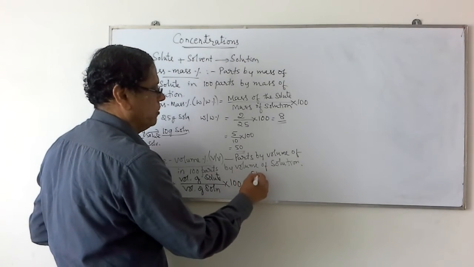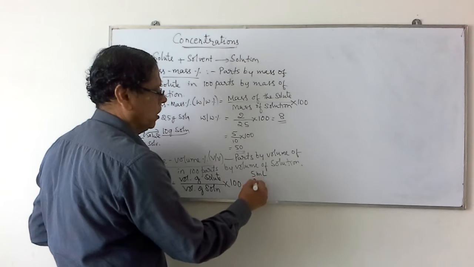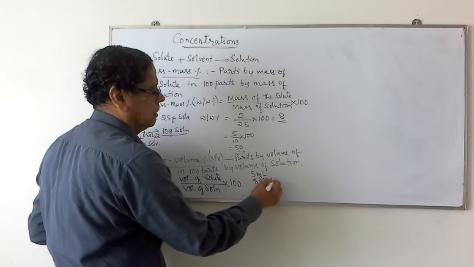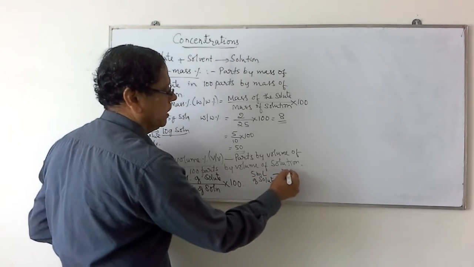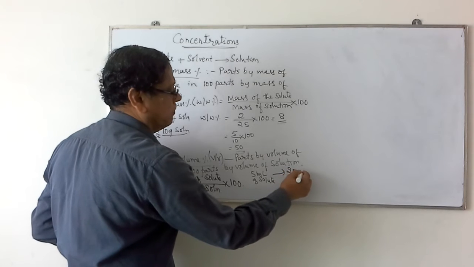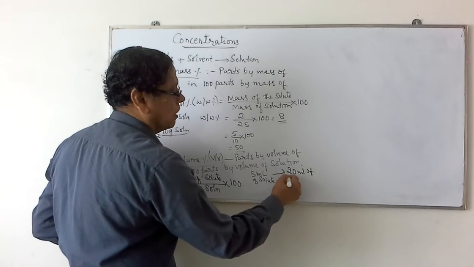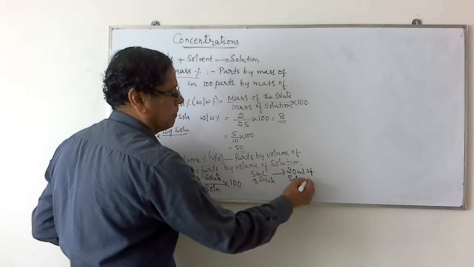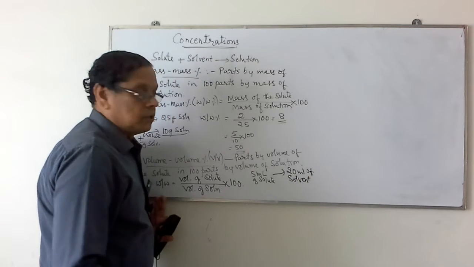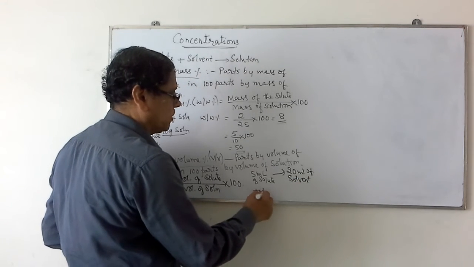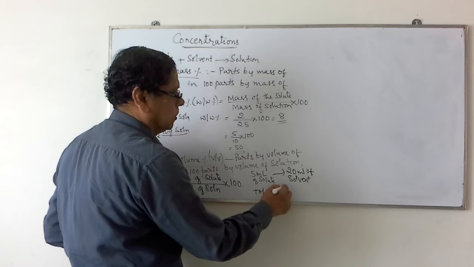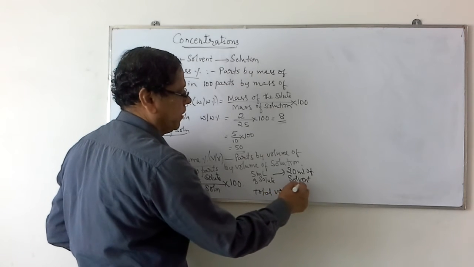Let us take one example. Suppose I am taking 5 milliliters of a solute, and you are dissolving it in 20 ml of solvent. So the total volume of solution is equal to 25 ml.